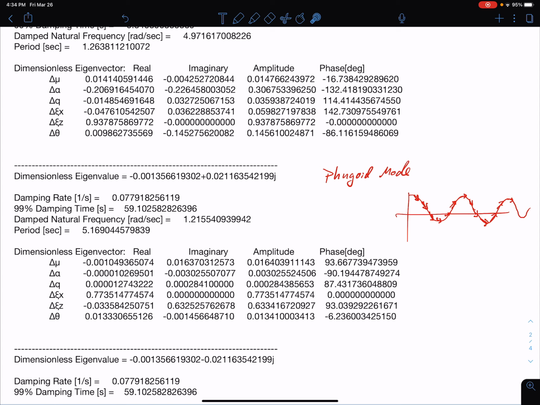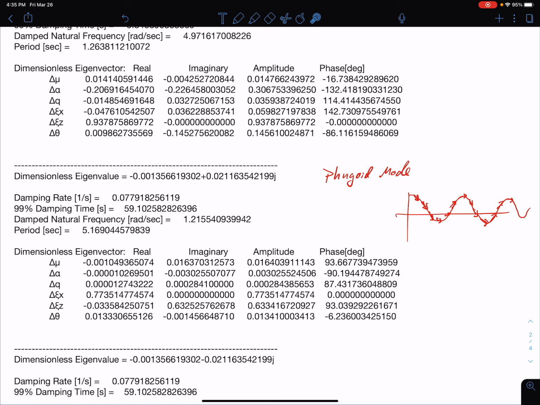Now theta, we're obviously going to be changing our elevation angle as the nose of the aircraft pitches up and down throughout this mode. And Q, you see how small Q is here? We're not going to really feel much of a pitch rate. Previously, we felt a much more significant pitch rate as the aircraft pitched through that short period mode. But in the phugoid mode, you really don't feel much of a pitch rate.